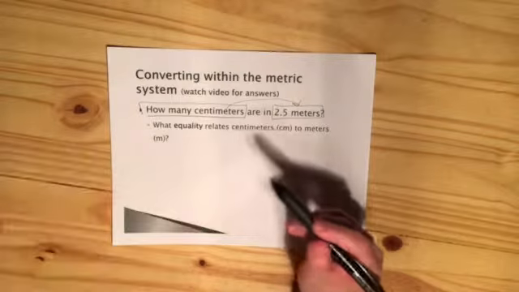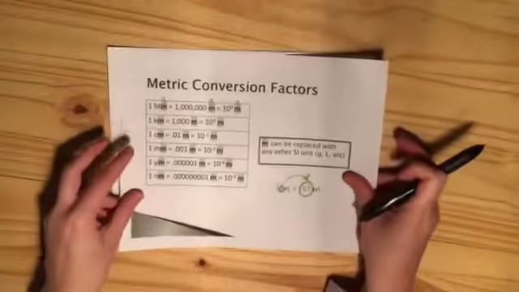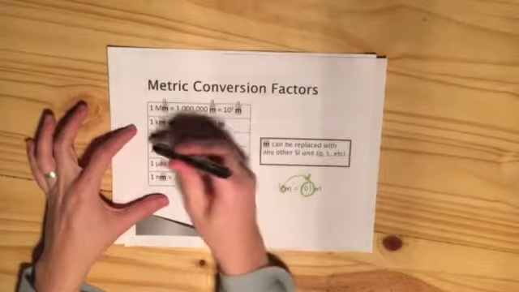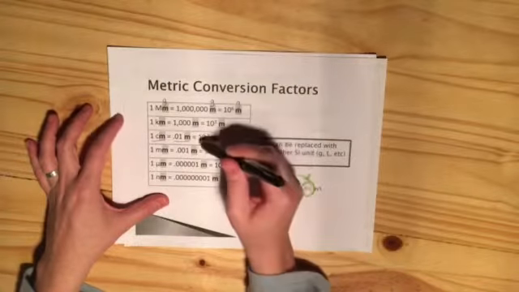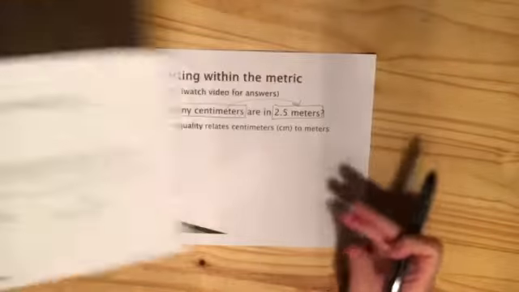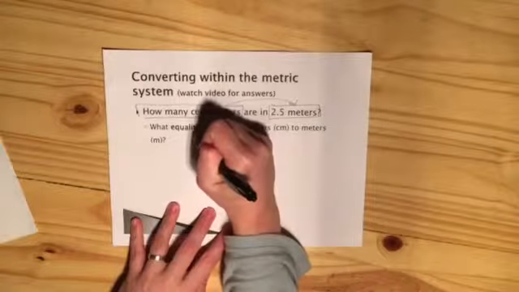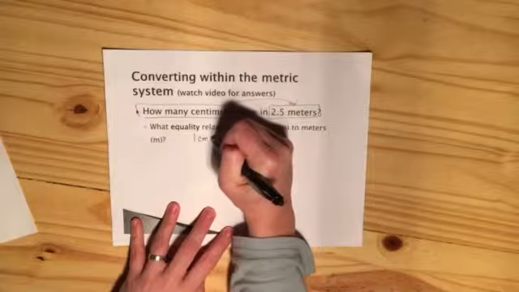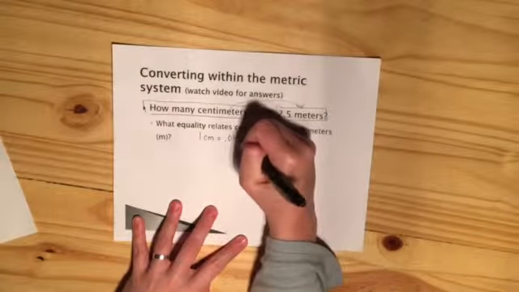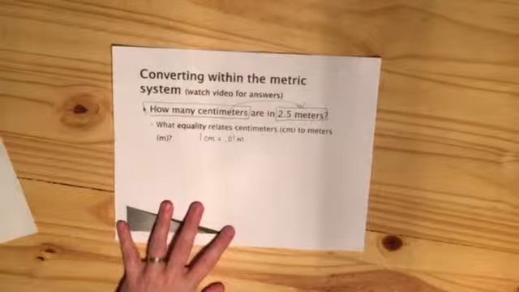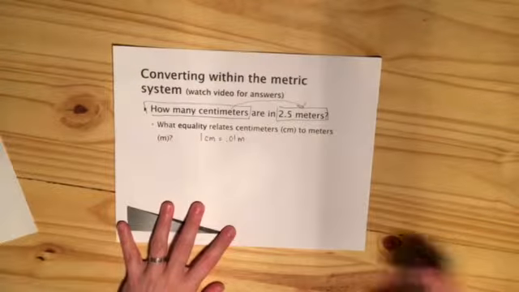We just looked at this with our metric prefixes. 1 centimeter equals either 0.01 meters or 10 to the negative 2 meters. So 1 centimeter equals 0.01 meters. That is our equality. Then I'm going to set this up.